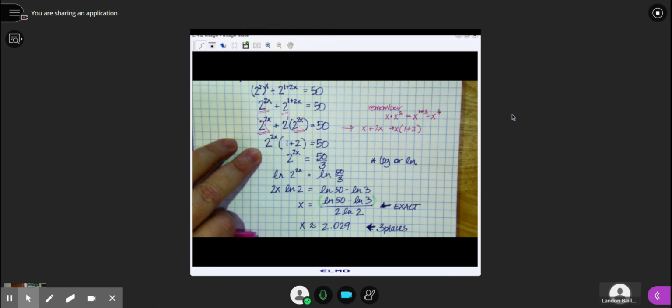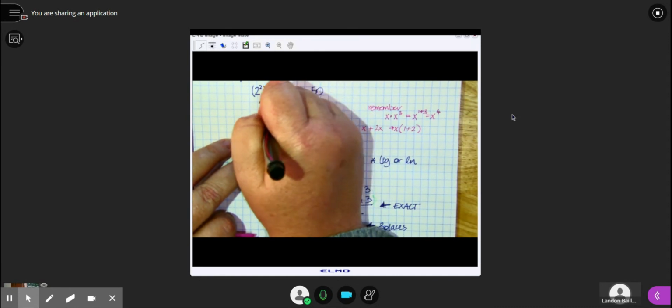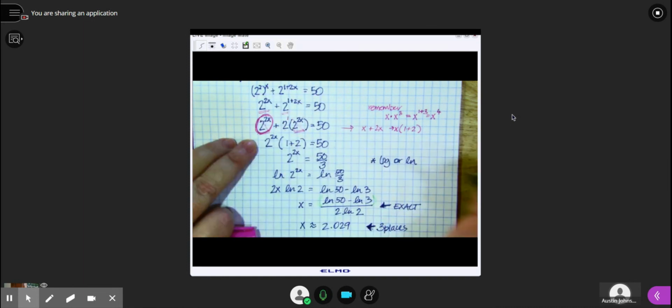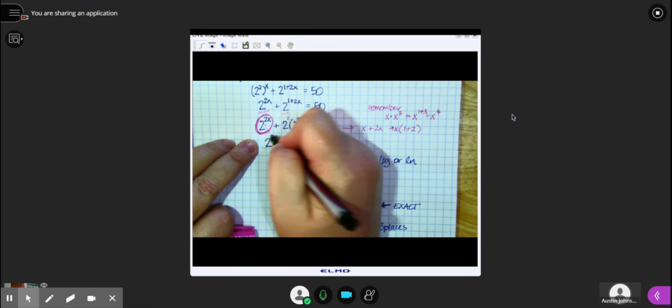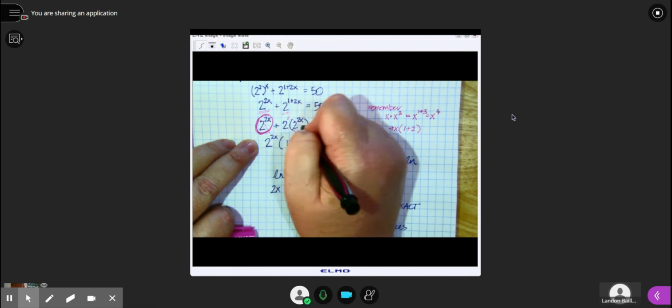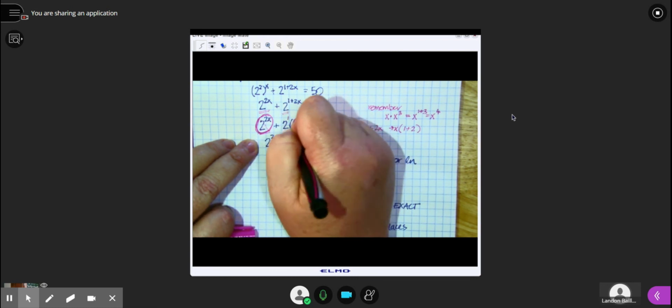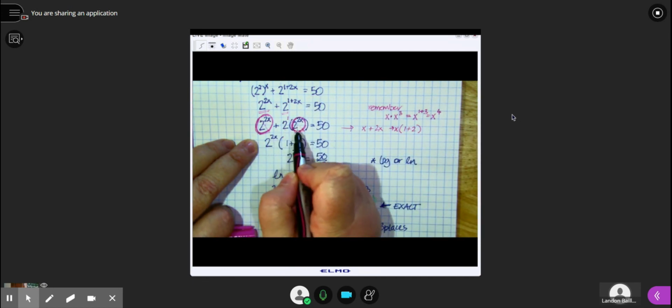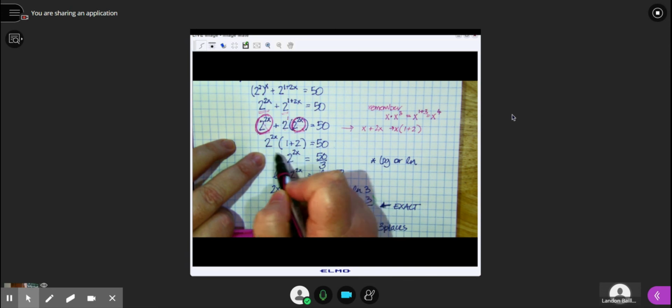Can you kind of see that? Okay. If I put this in a circle and think of it as one thing, there's a circle added to 2 times that circle again. That's a circle plus 2 more circles. Isn't that just 3 circles?